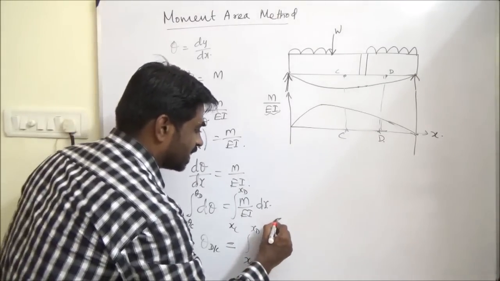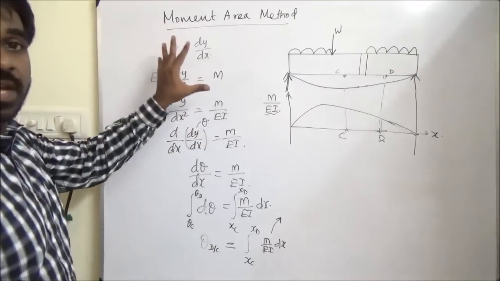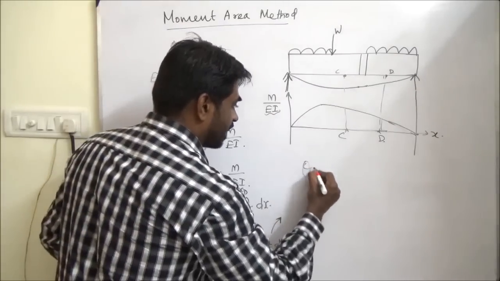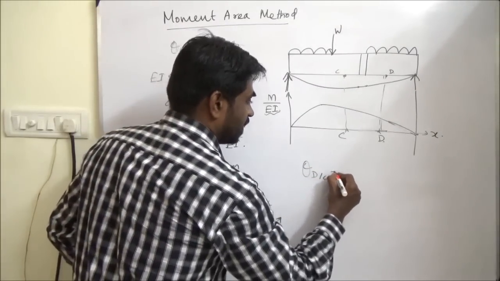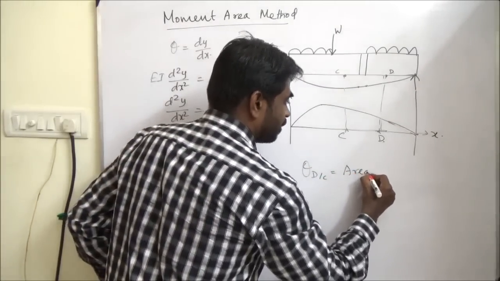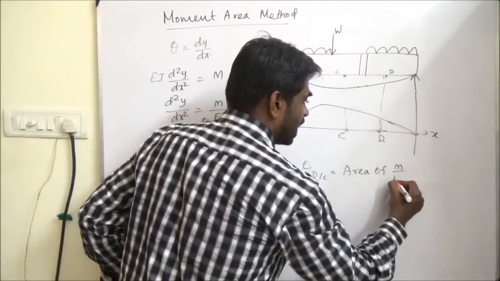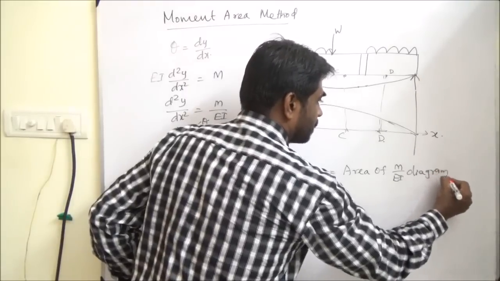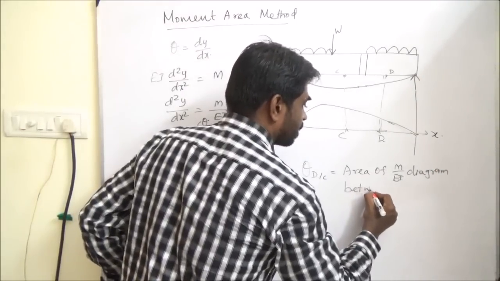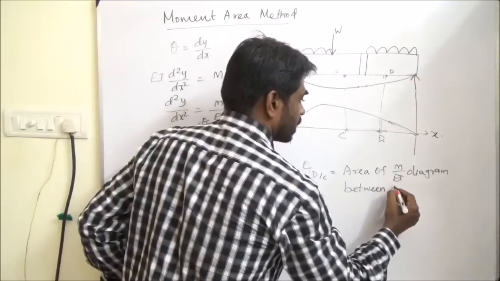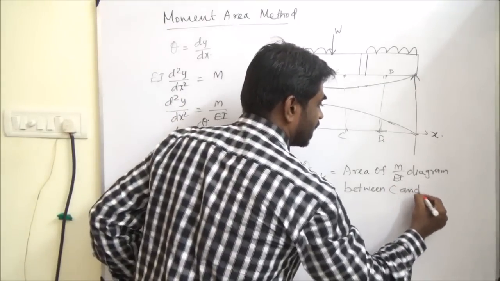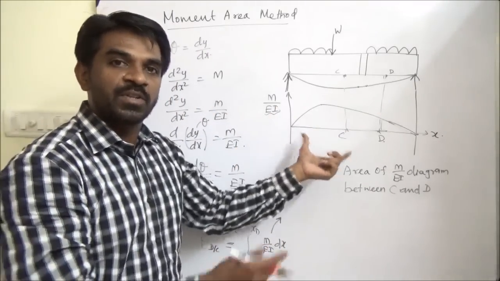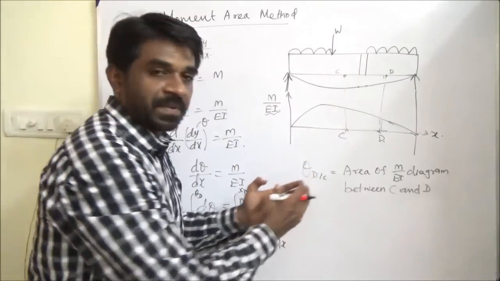So what is this? This is the first theorem, slope theorem. So how can we write this? theta D minus theta C equal to area of M by EI diagram between C and D.